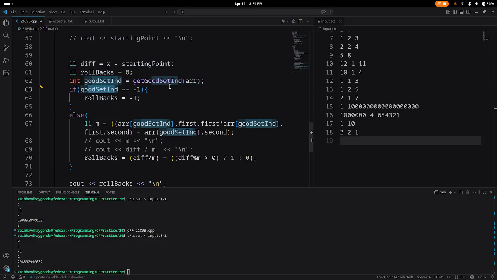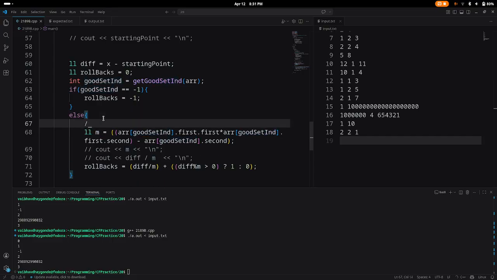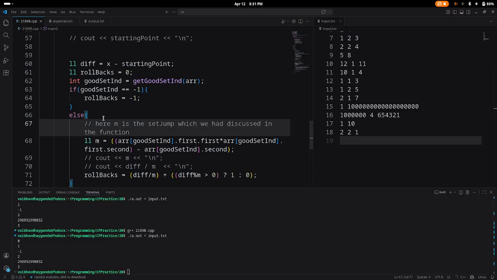But if that's not the case, then I'm trying to find out m. What do I mean by m over here? Here m is the set jump which we had discussed in the function. That is first dot first is a, first dot second is b, and minus second it is c.